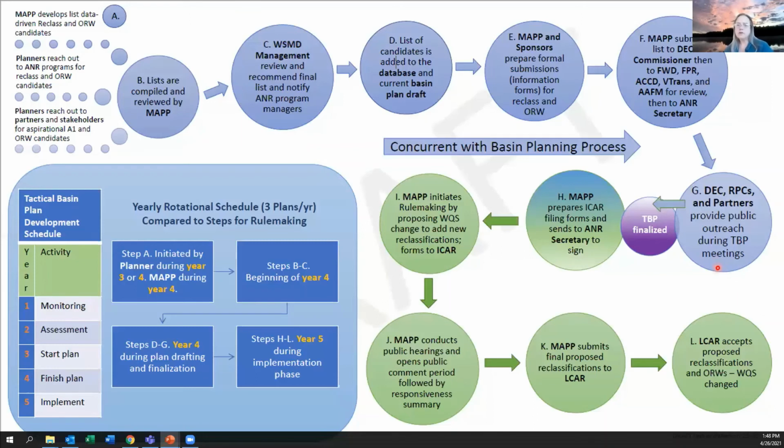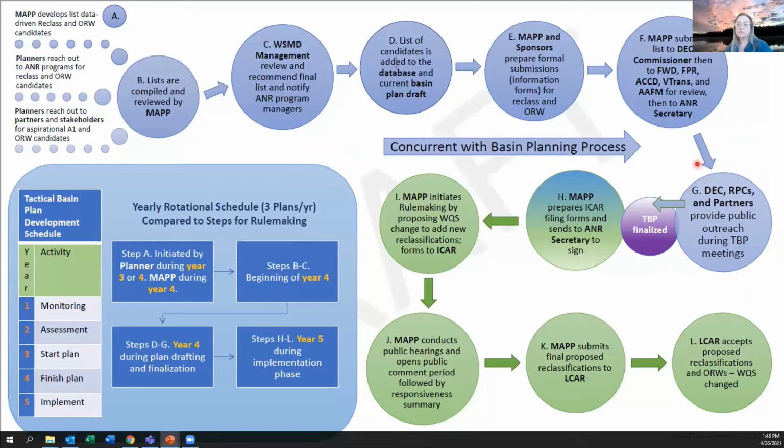So there are a couple of opportunities for public input and public outreach. So we want to do that early, and this is actually early in the process. So this one here is basically as we put it into the tactical basin plan, right?